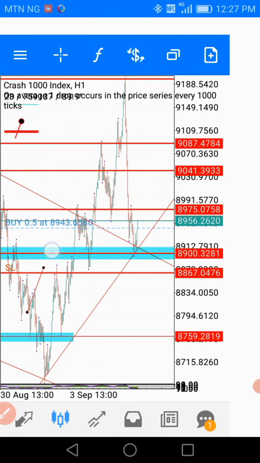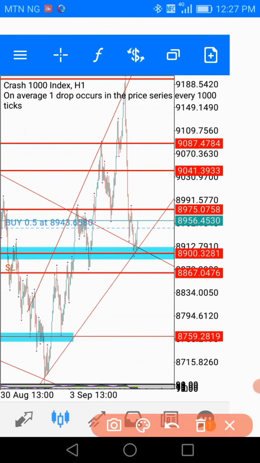You can put this trend line somewhere here. Are you seeing that? Yeah, this market is in a channel. Now if you look very well, you'll see these are the trend lines, this and this.